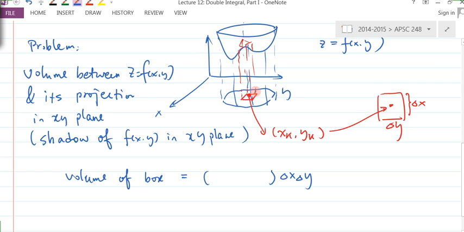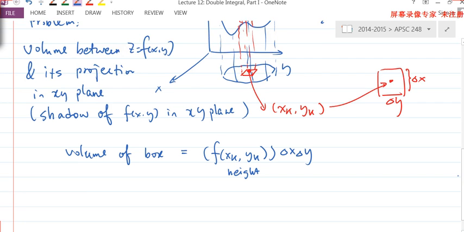So I can approximate the height using f of x of k, y of k here. So that's the height. So this is the volume of one particular very, very small box.